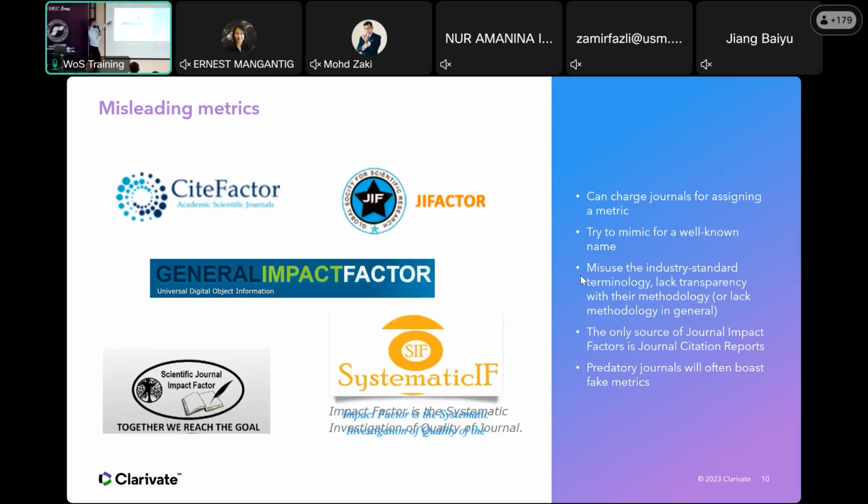I specifically like the Cite Factor logo. It reminds me of the Thomson Reuters logo, the former company that we used to belong to, when we were creating the impact factor. There are also G Factor, General Impact Factor, Scientific Journal Impact Factor, Systematic Impact Factor. Those are just the logos that I was able to find yesterday.